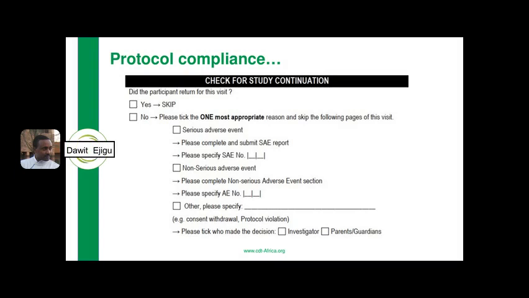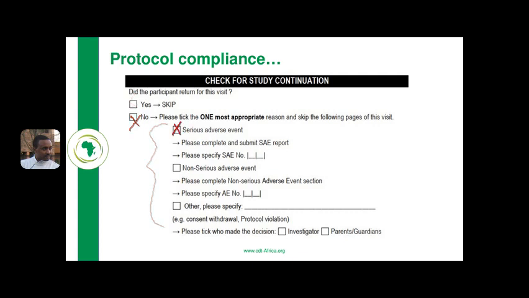This is an illustration of what we've just discussed about instructions to increase protocol compliance. So this part of the CRF is checking on the study continuation by the participant and asks the question, did the participant return for this visit? If our answer is yes, then we're going to skip the subsequent questions. But if the response is no, the participant didn't return, then it asks whether it's a serious adverse event.